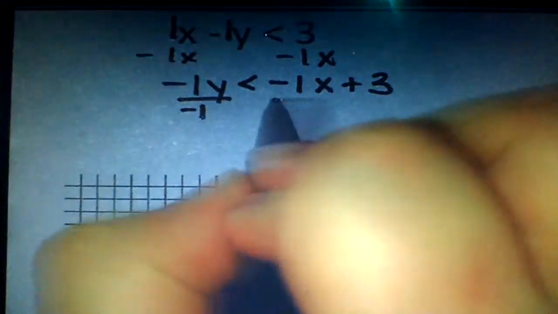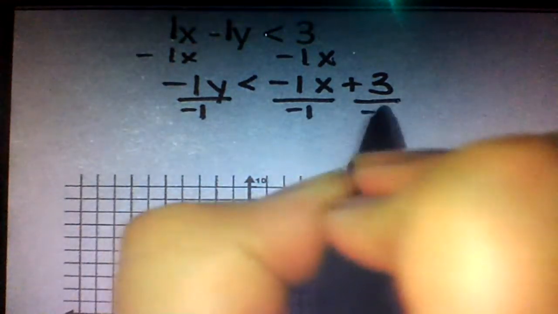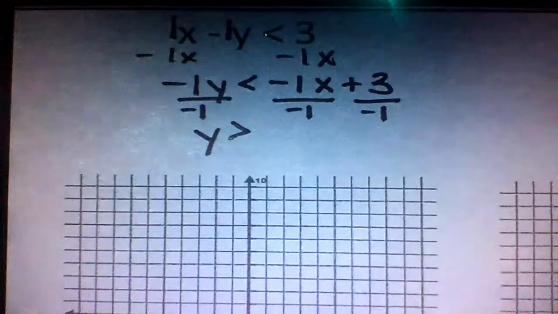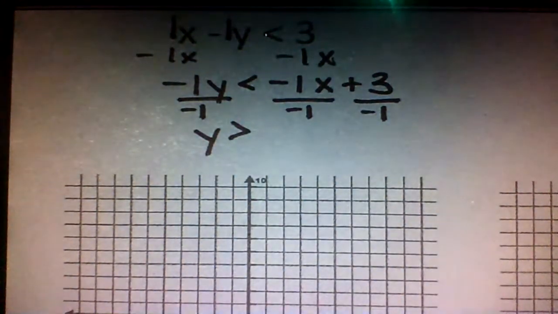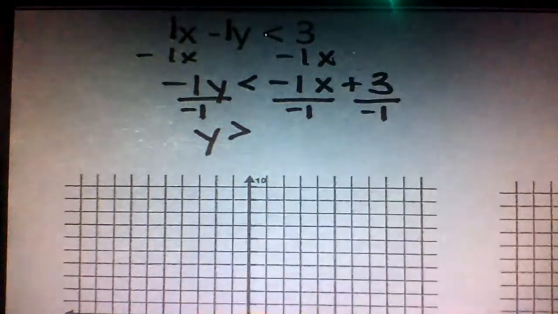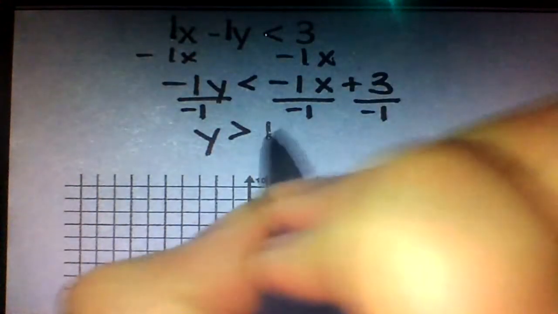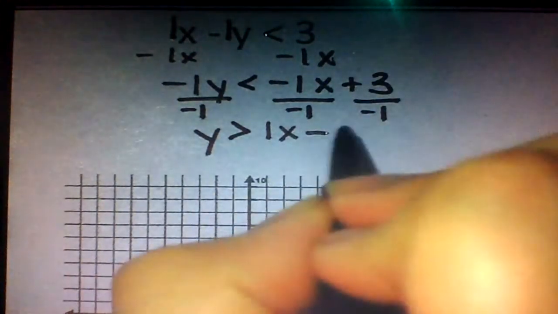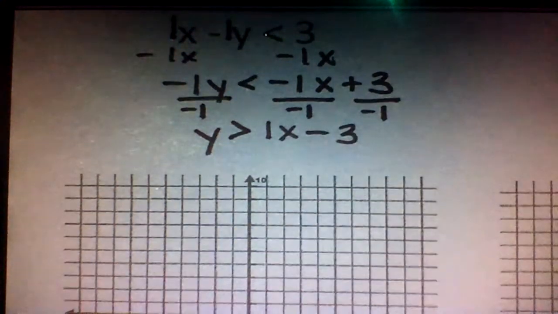That's what most of you are forgetting. So because I'm dividing by a -1, flip the sign. Negative over a negative makes this a positive 1x. And a positive 3 divided by a -1 is -3.